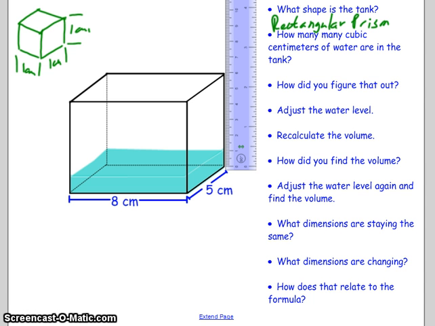If there's 8 of them in here, and there's 5 this way, and we look at each one, that would be 1 cubic centimeter right there. Well, if we did 8 along this way, 5 along that way, that would be a total of 40 cubic centimeters.